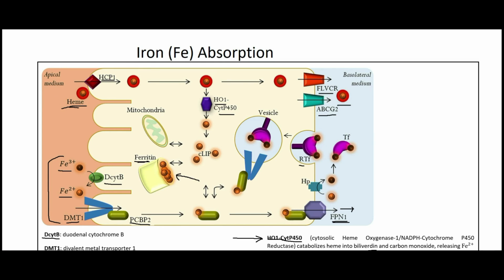Yeah, so anyway, the sort of take-home message here, we have this heme pathway, so this HCP1 takes that in. It can either get broken down by this cytochrome P450 into this labile iron here, which can then sort of bind to the ferritin there, or it can bind to this PCBP2 chaperone protein and then get carried into the blood by the FPN1, or it can continue on into the blood as heme and get transported into the blood by this FLVCR or this ABCG2.